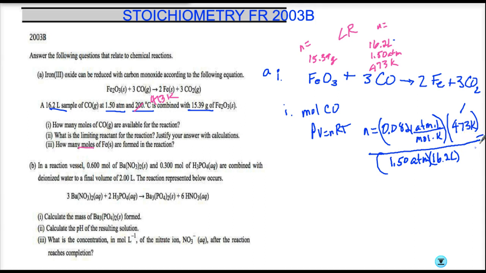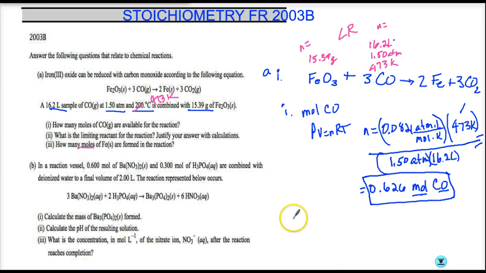Do the math, plug it in your calculator, cancel your units out, and you come up with 0.626 moles of CO. Box your answer. You've got to have the number, and you've got to have the unit and the substance. So that's A. Done.